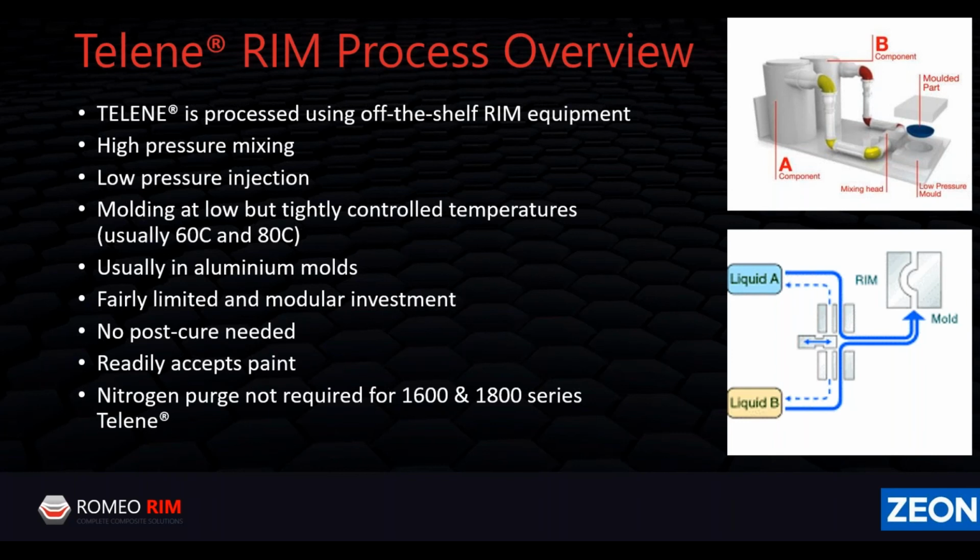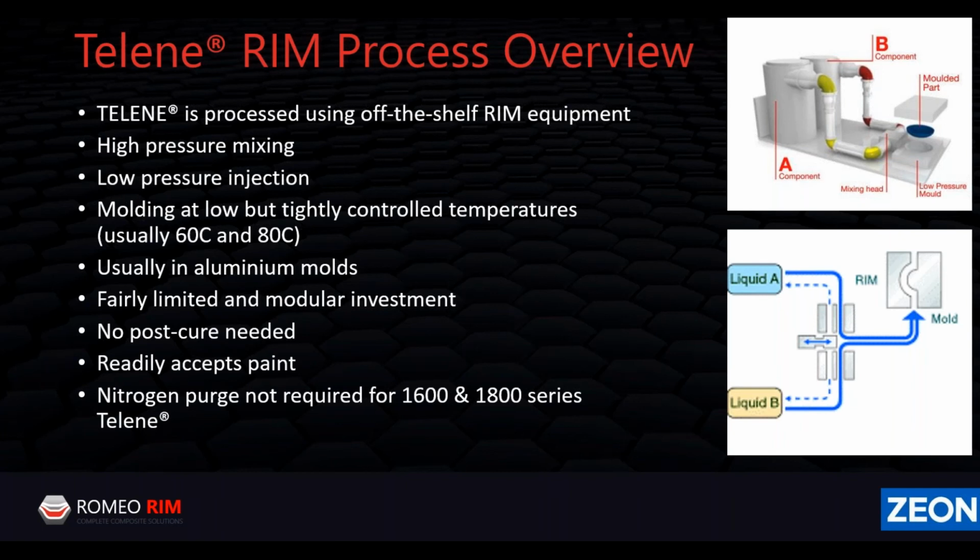We'll show an example of a nickel shell tool, but really because it's a low pressure process, P20 tool steel is not required. Tooling costs are typically on the order of about 40 to 50% the cost of a typical injection mold tool or compression mold tool. So it's really quite an economical approach to get into this process.